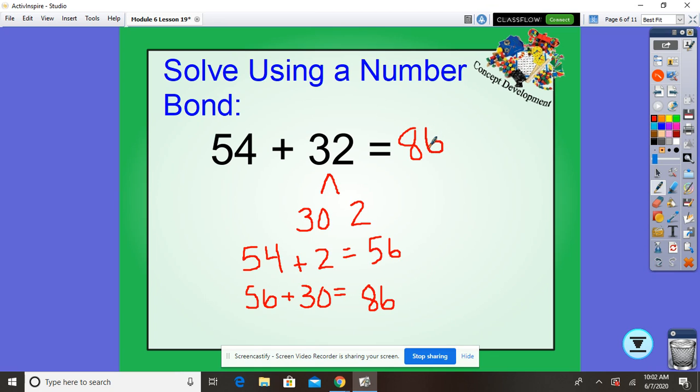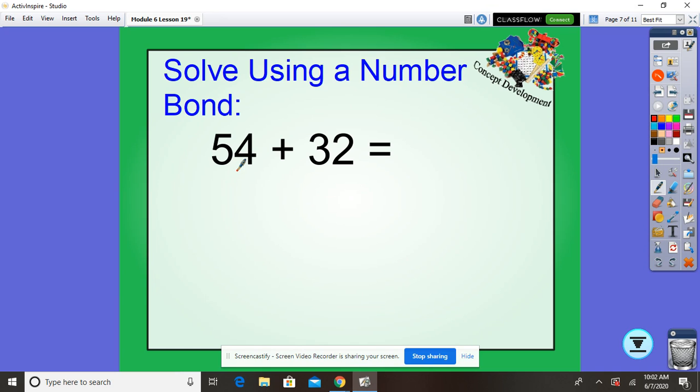And I'm going to show you another way using a number bond that we also learned in school. By putting a number bond underneath both numbers and separating the number bond into two parts by their tens and ones. So 54 is 50 and 4. 32 is 30 and 2.